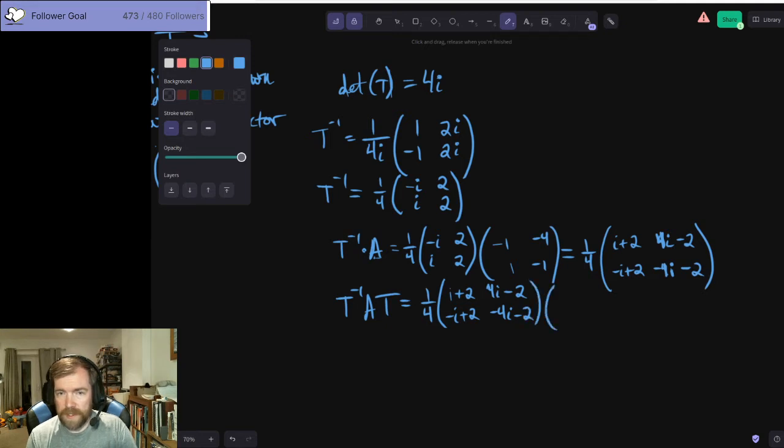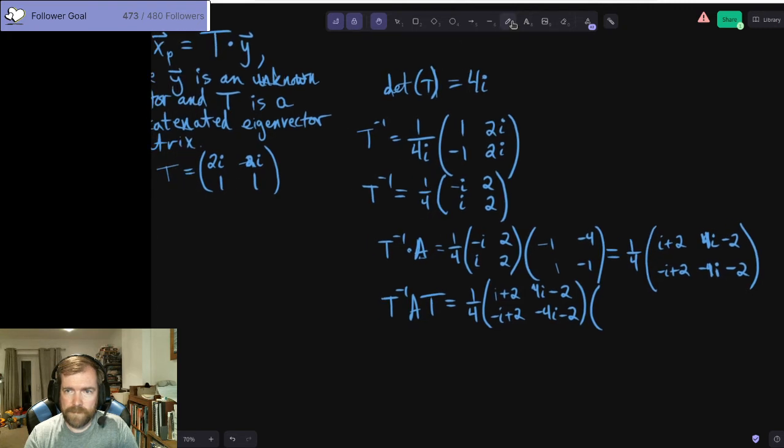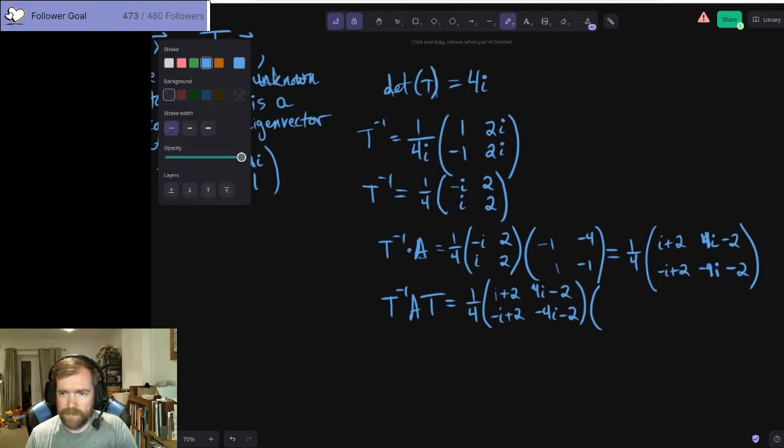Multiply by T again, which is going to be equal to 1/4 times the quantity.